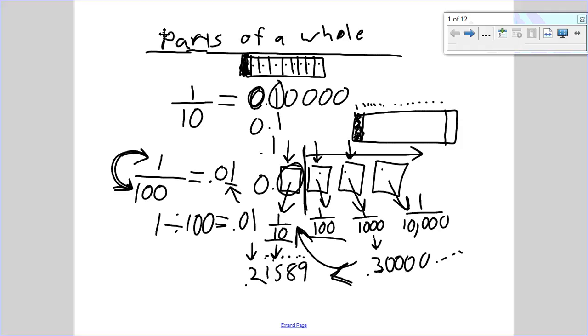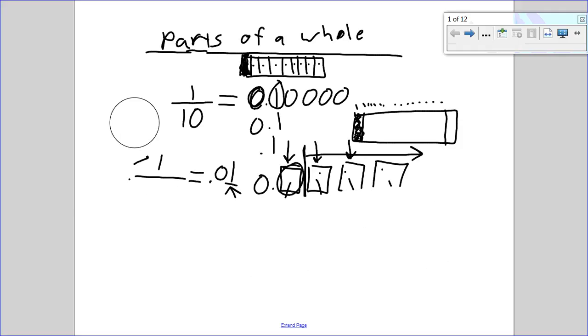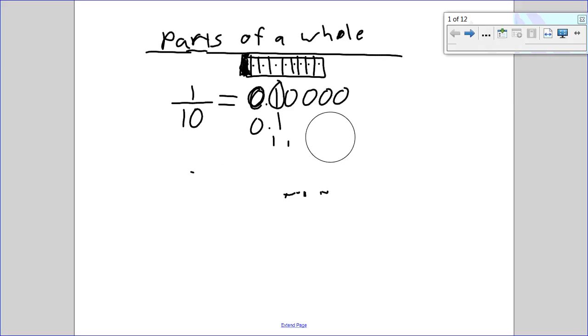Okay, so now percents. Percents are actually very easy if you know what the word cent means. Now a cent, you might think, is a penny, and you would be right. 1 cent equals a penny.